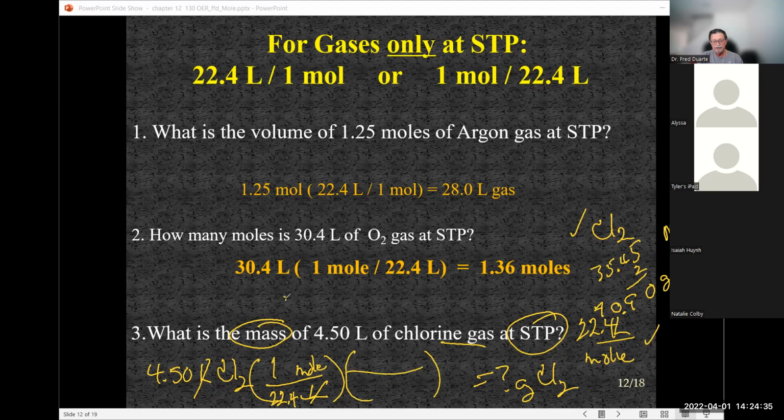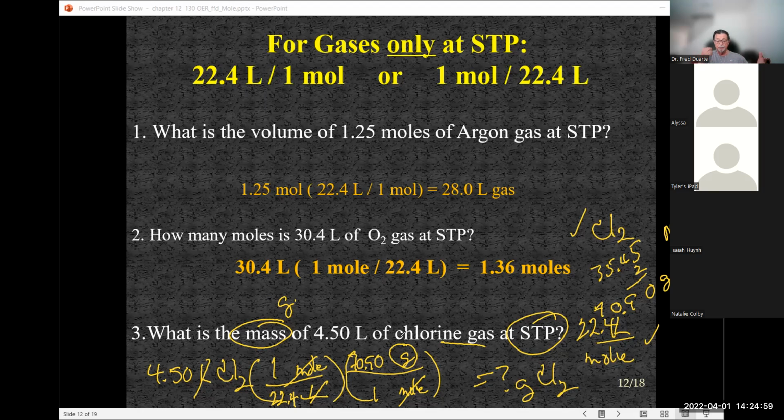It's asking for the mass, in grams. So I have to go one more step: grams in the numerator, moles in the bottom, and that is the molar mass. So I have 70.90 grams per 1 mole. Check my units: moles cancel out, volume cancels out, leaving me with units of grams. So the problem has been set up properly.